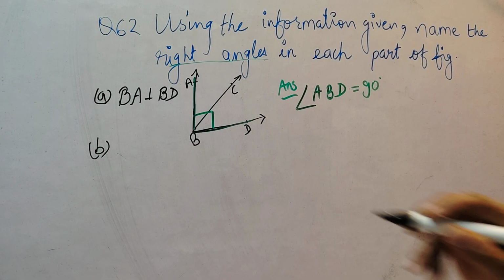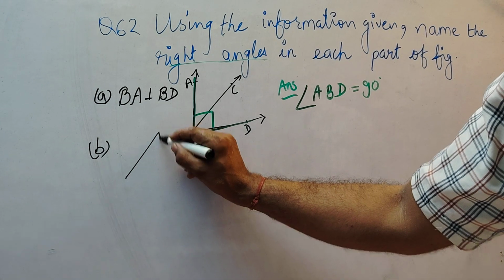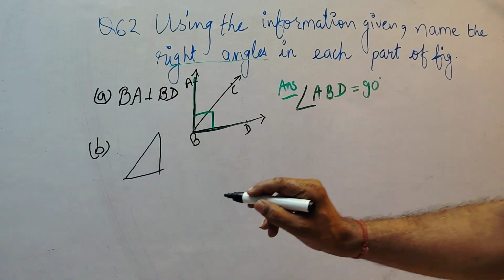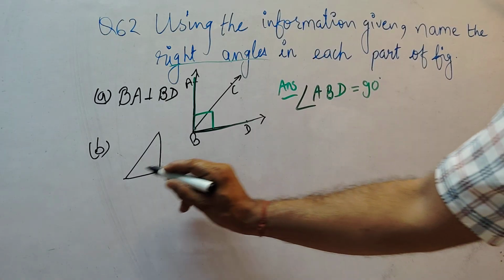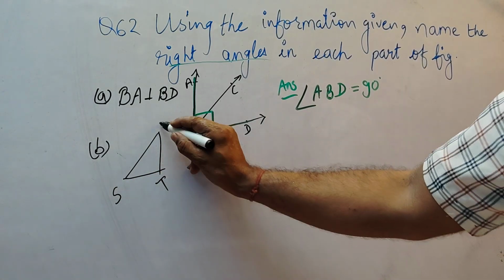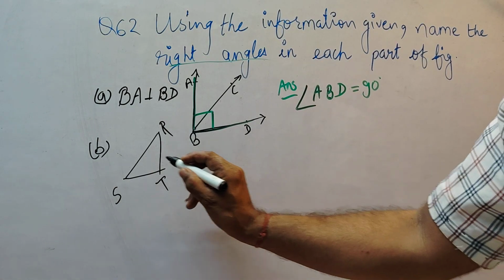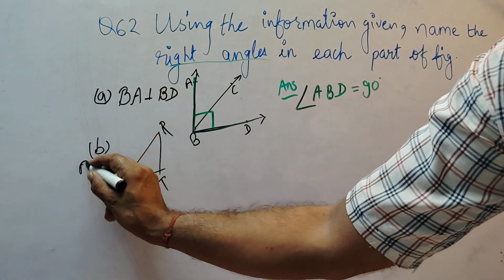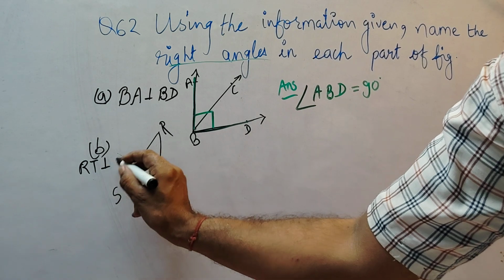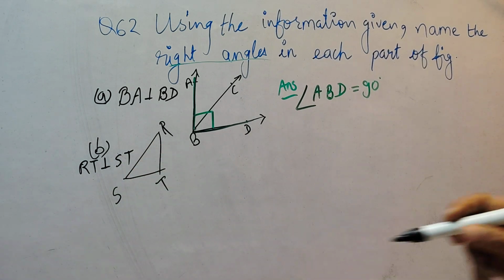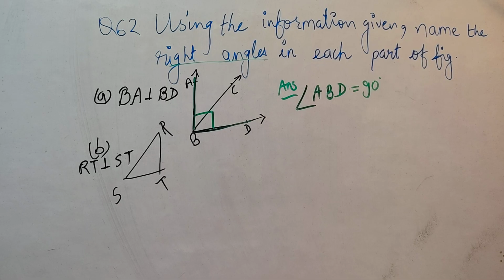And the next figure is a given triangle STR. RT is perpendicular to ST. Now, using the information given, name the right angle in this figure.